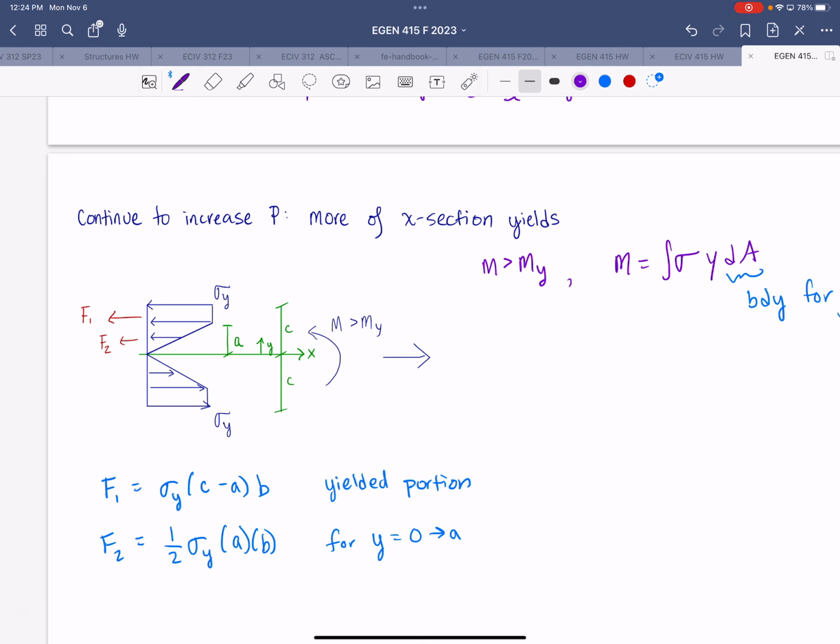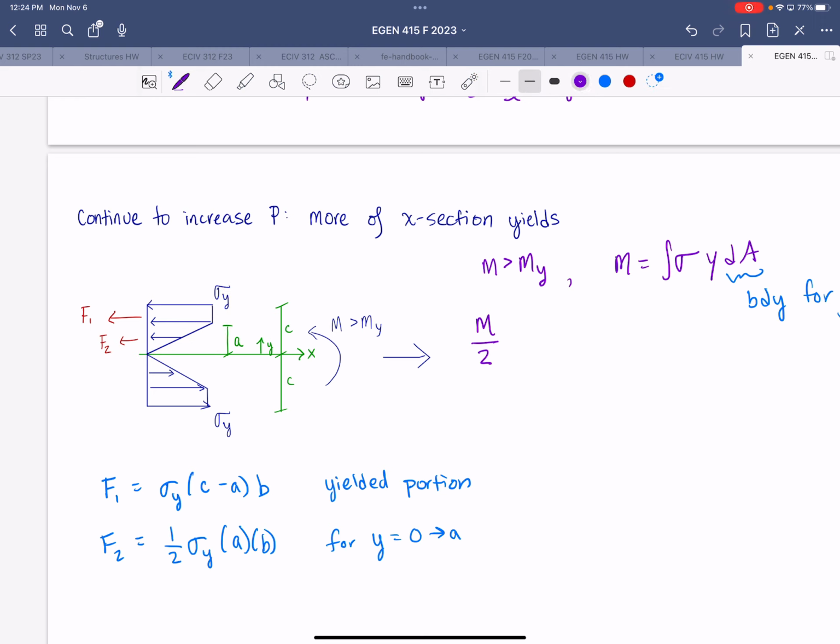So back to evaluating our moment, right? For the integral, since we have a symmetric distribution, we can take advantage of that and say half the moment will be associated with the integral over the area of the top half of the stress distribution.